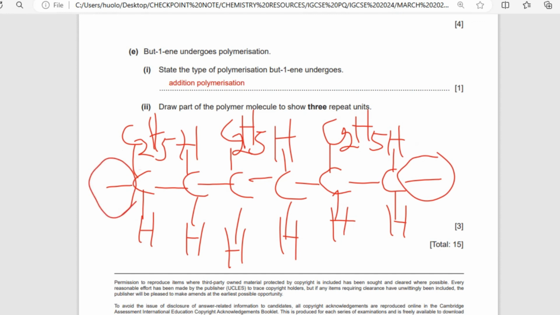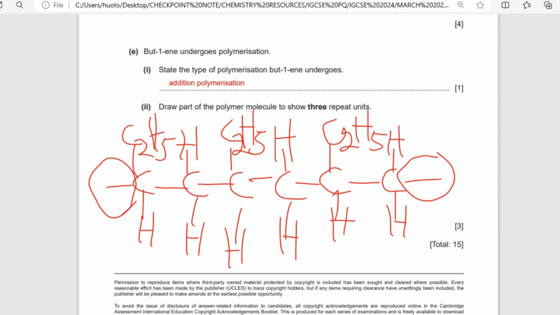If they ask you to draw repeat unit, all repeat unit must always have a continuation bond. Okay, now you could see that to show that we have just 3 monomers, 1, 2, 3, 4, 5, 6. To show that we have 3 monomers, the carbon in the chain of the polymer are just 6 carbon.